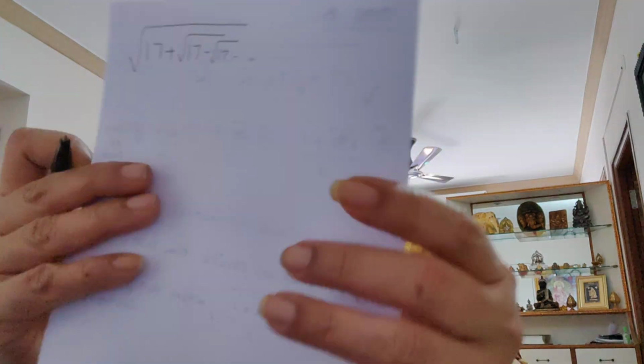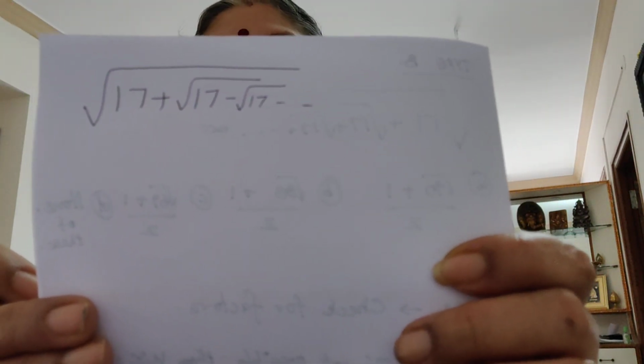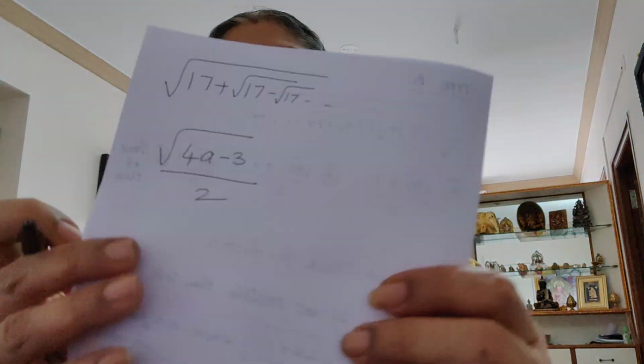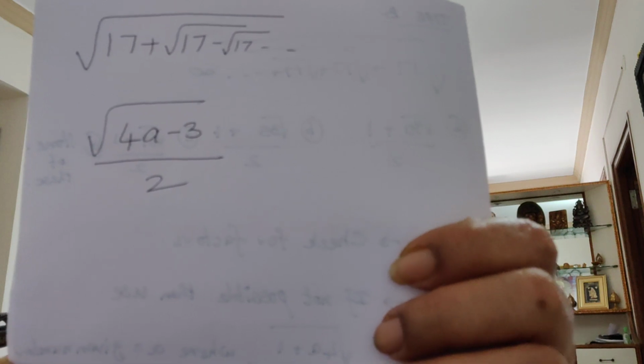If you have alternating signs, a plus sign and a minus sign, then your trick or your solution is going to be square root of 4a minus 3 divided by 2. It is square root of 4a minus 3 divided by 2.